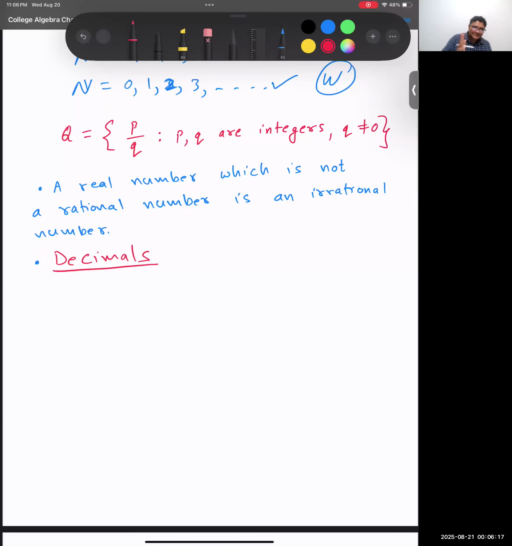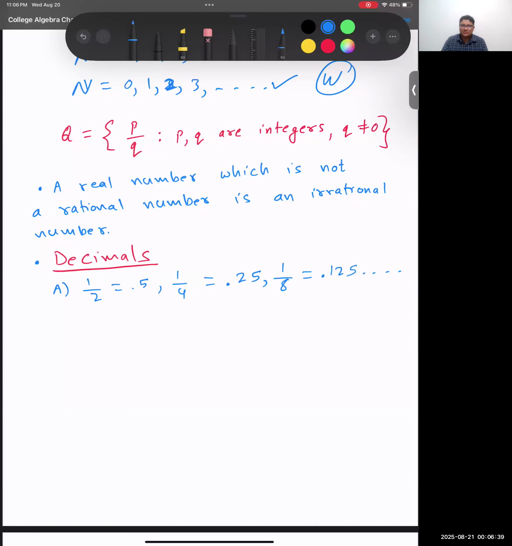There are 3 types of decimals. Type A is like 1/2, which is 0.5, or 1/4, which is 0.25, 1/8, which is 0.125, and so on.